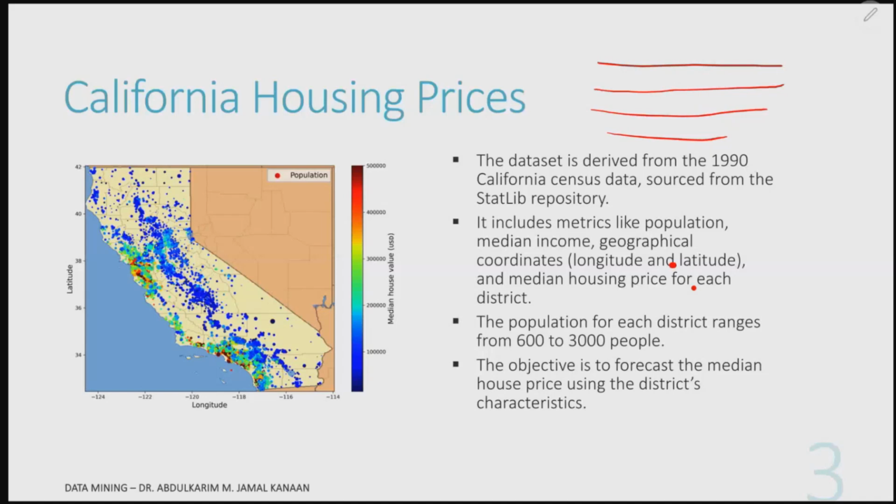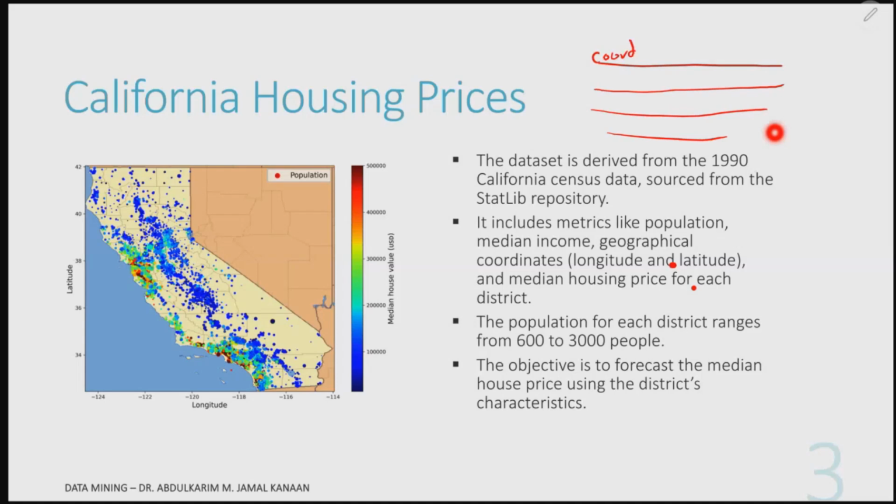So one record represents the entire district. The record contains the coordinates for the district, the total number of rooms in the district, the total number of houses, the total number of bedrooms, and so on and so forth. You got the point? So they aggregated the data.